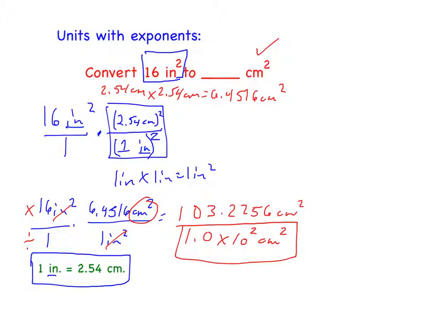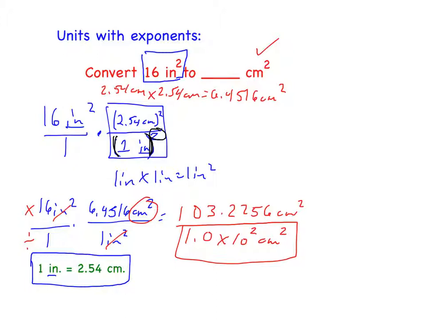Alright, so let's just do one quick review here for dimensional analysis when our units have exponents. You're going to use your standard conversion factors just like you always have, but you're going to have to put those conversion factors in parentheses and then raise them to whatever exponent the problem was talking about.